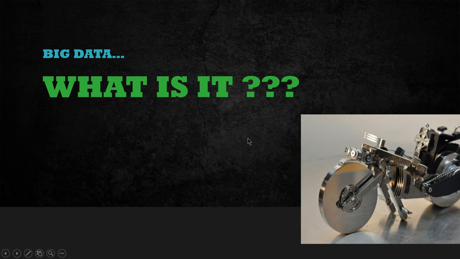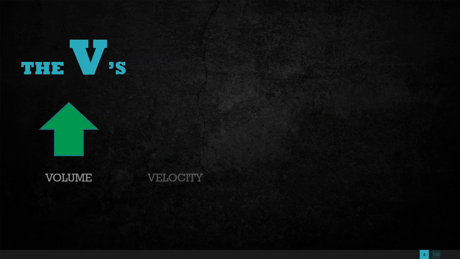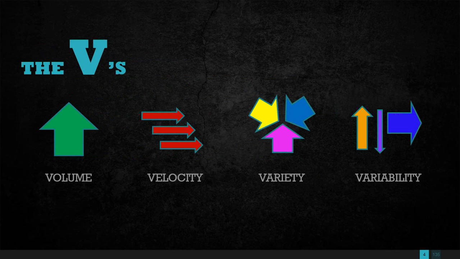So what is it? Well, it's a little different animal than it used to be. We've added all sorts of new and interesting types of data. Typically today it's described as a series of V's. You'll hear Gartner and everybody else talking, V this, V that. So here are our V's: volume, velocity, variety, and variability. Volume speaks to how much of it there is, velocity, how fast it's accumulating.